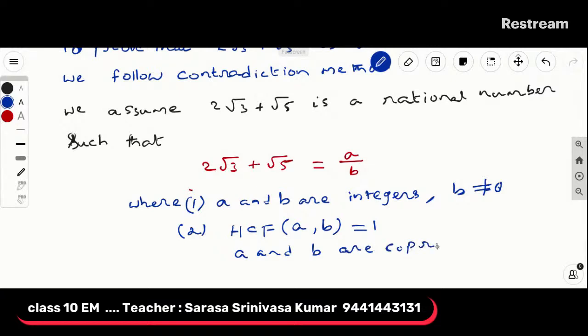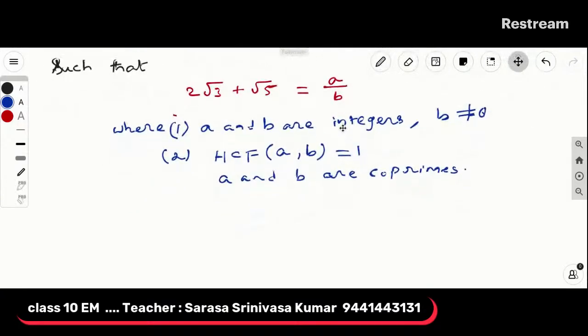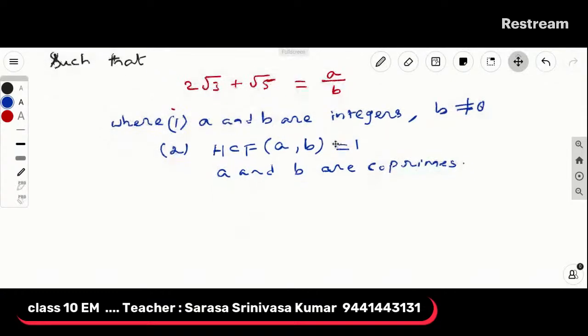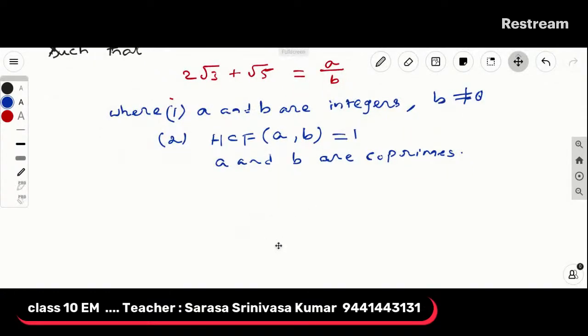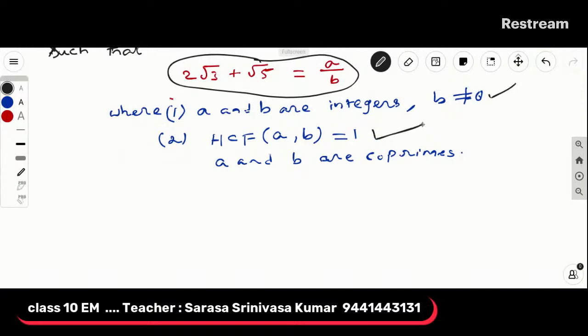What is the definition of coprimes? If the highest common factor of a and b is 1, then we say that the two numbers are coprimes. So here we assumed that the given number is a rational number such that it satisfies these two conditions. This is condition 1 and this is condition 2.